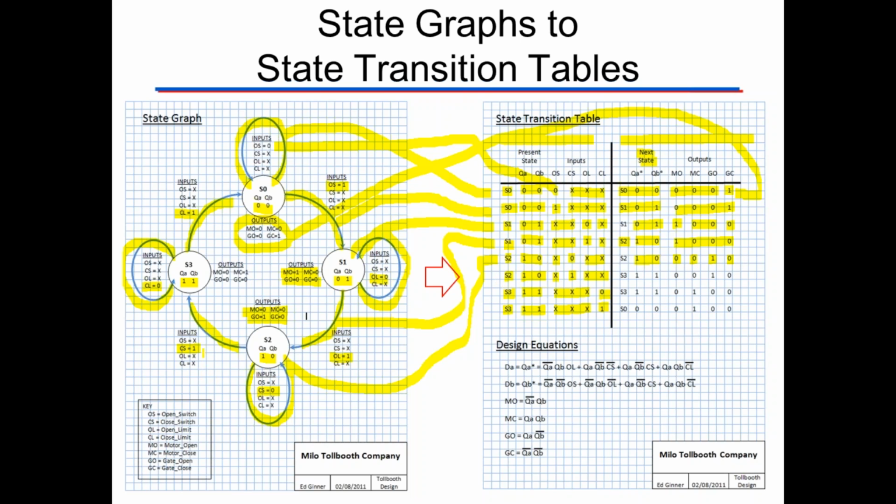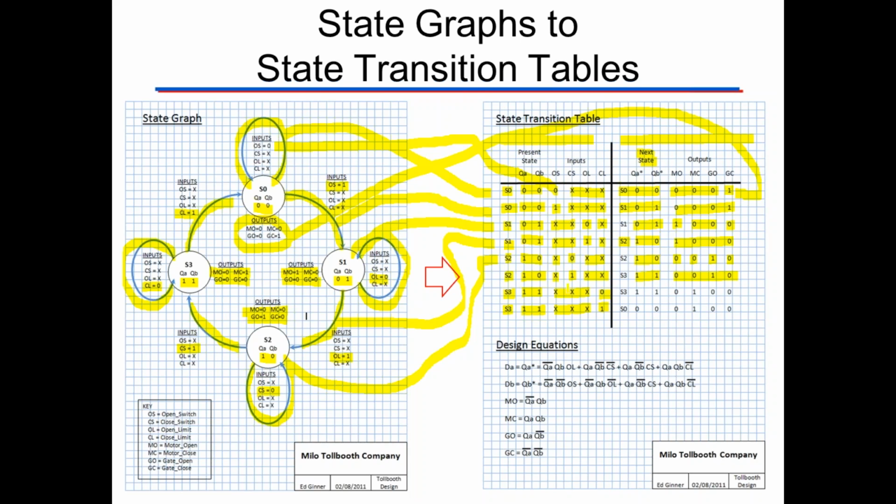Now what happens is somebody hits the close switch to close the gate, and that means we're going to go from state 2 to state 3. Here's state 3. We put state 3 in here. These outputs all stay the same because we're on this transition arc. They stay the same until we get down to the idle state of state 3. We get in the idle state, boom, there's our outputs.